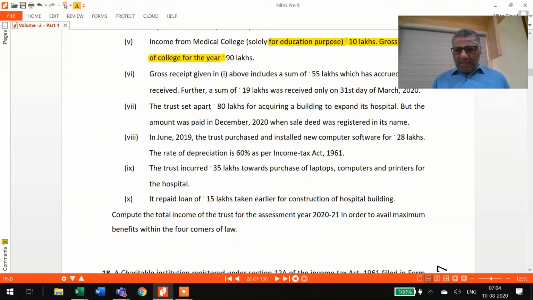Go ahead, give me the answer. Not more than 5 to 10 minutes, not more than that.